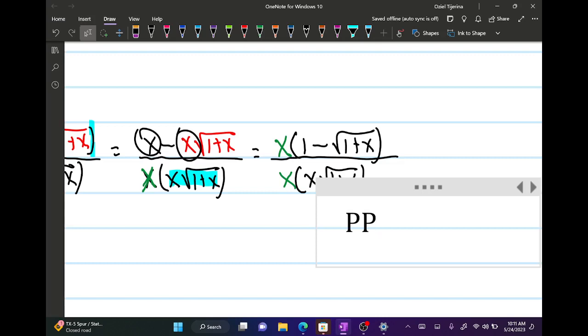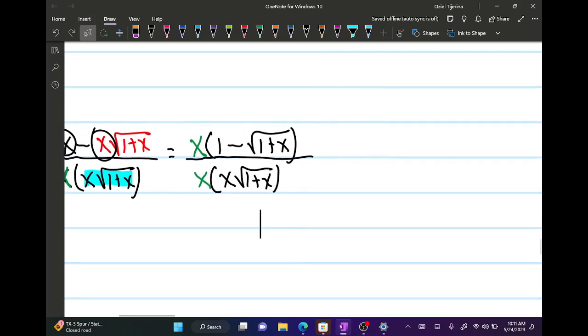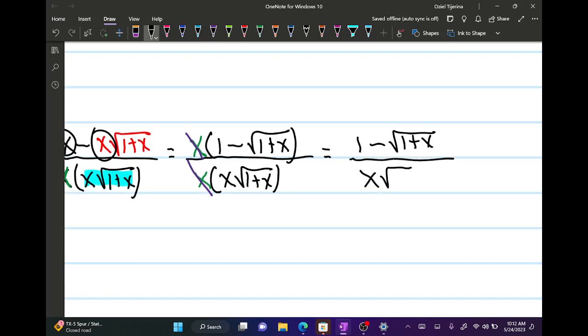So then what we're going to do here is this part is actually going to cancel out. And then we're going to be left with 1 minus the square root of 1 plus x, over x square root of 1 plus x.